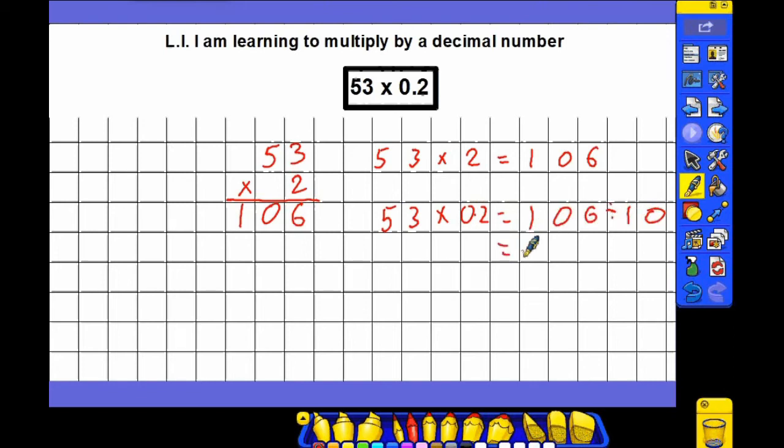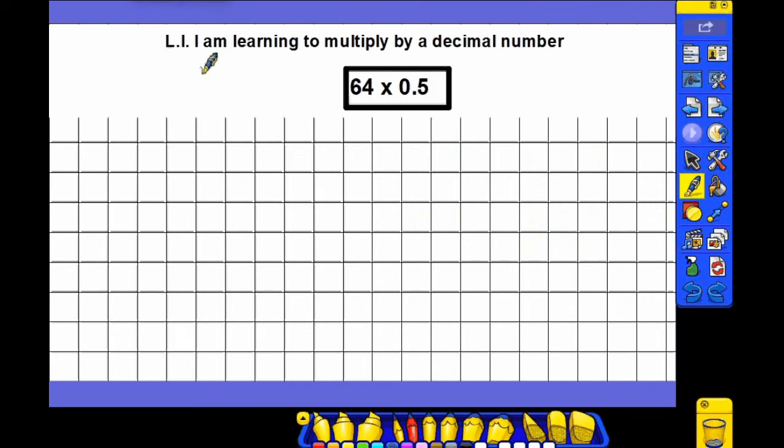And so the answer we get is 10.6. Now that is mentally much easier to do. So we just multiply 53 by 2 and then divide our answer by 10.